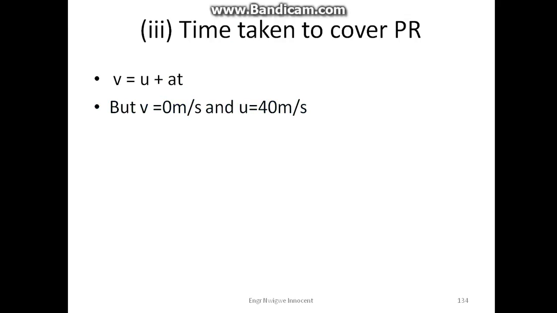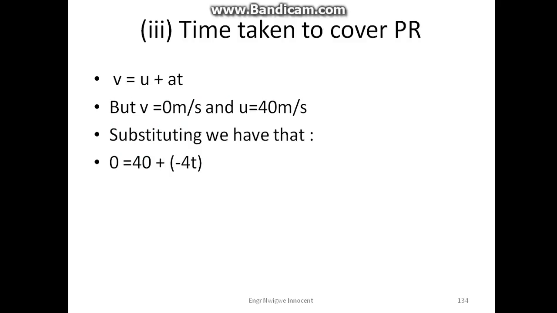We know that v is equal to 0 meters per second since it is at rest, and u is equal to 40 meters per second. Substituting, we have that 0 is equal to 40 plus in bracket minus 4t. Minus 40 is equal to minus 4t. t is now equal to 40 over 4, which gives us 10 seconds.